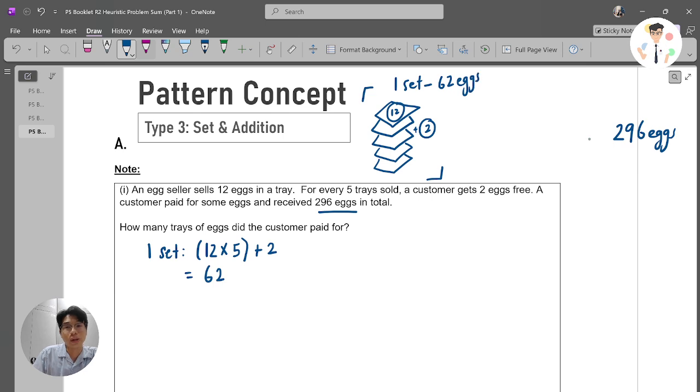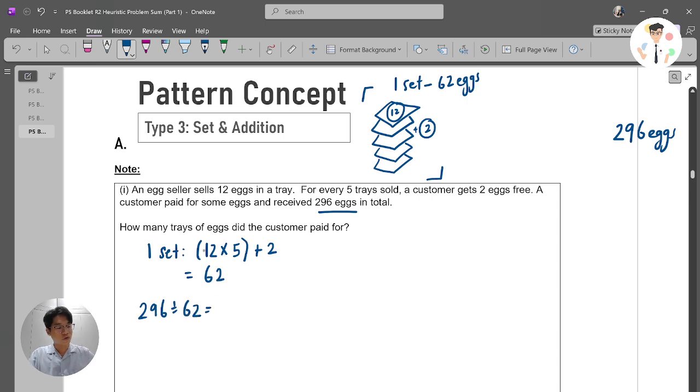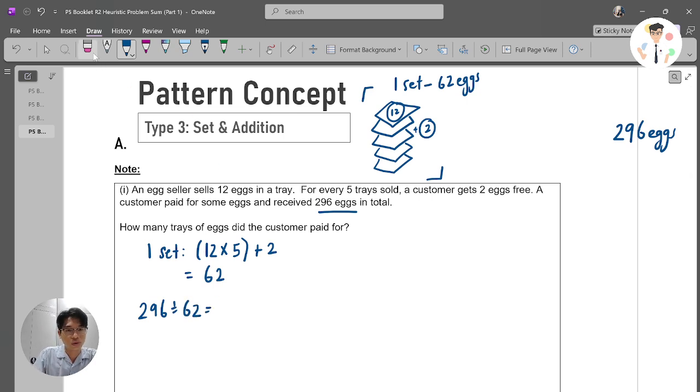Now, to find out how many sets I have, what can I do? I can divide. I use 296 divided by 62. If you try to divide it, you will notice I'm not able to divide it nicely to get a whole number. What I get is 4.77.